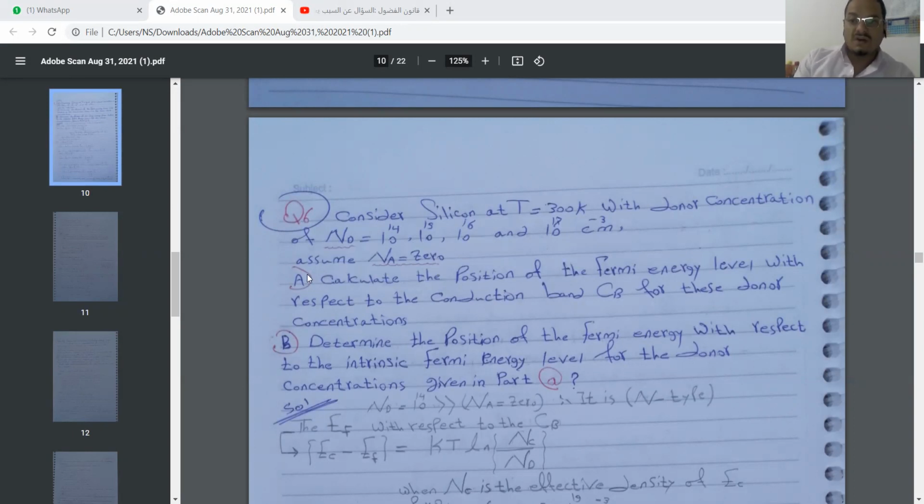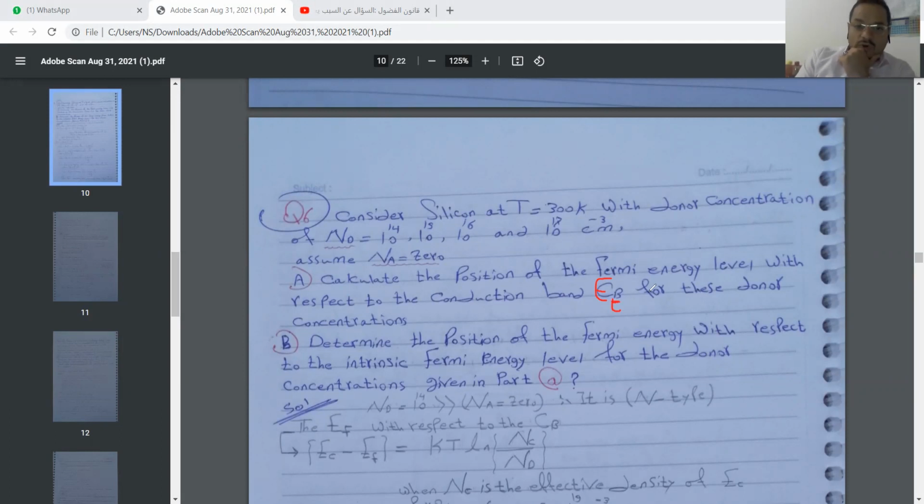Now let's start from requirement A. Calculate the position of the Fermi energy level with respect to the conduction band, EC.